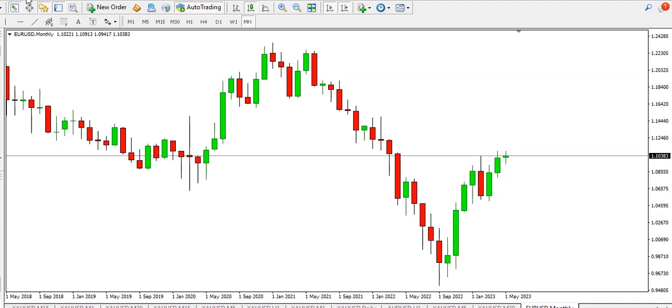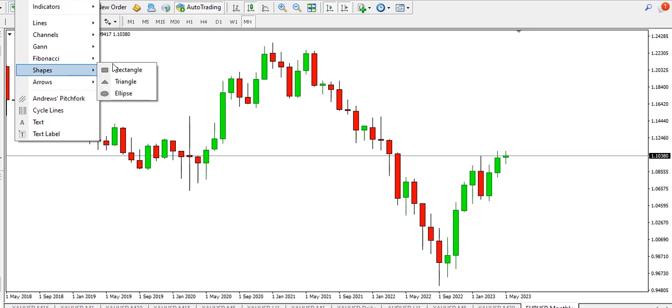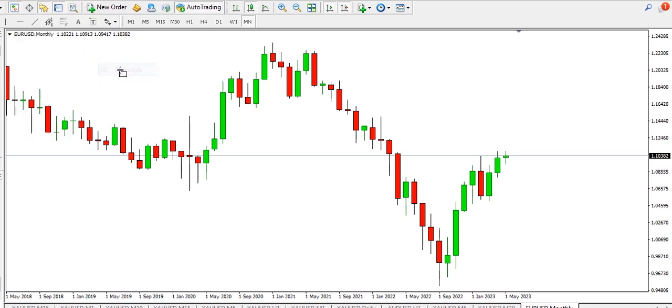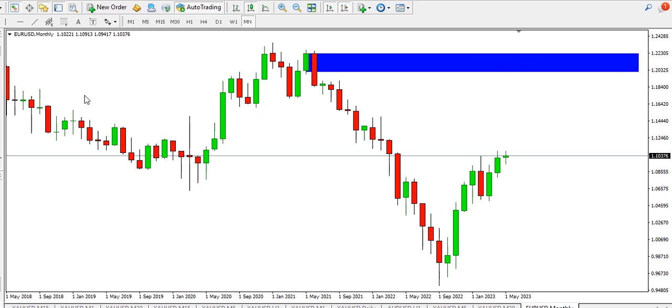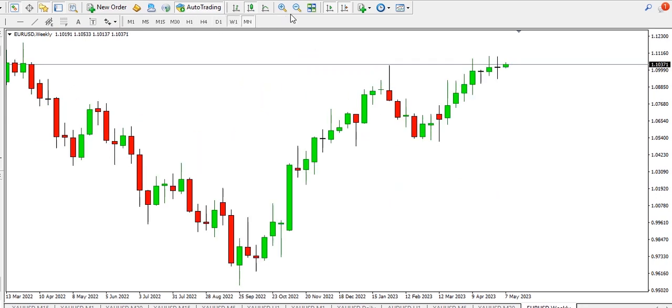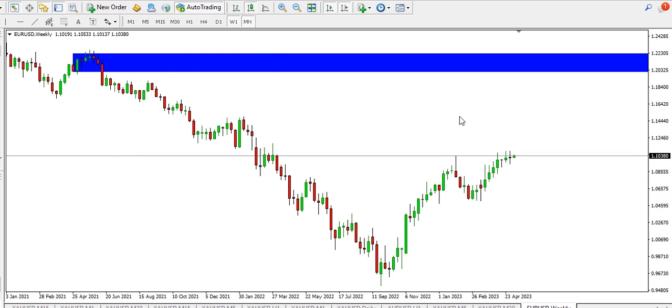So you can easily highlight your order blocks on the higher time frames, and then drill down to the lower time frames to work on the same order block. Let's drill down to the weekly time frame. You can work on this order block. Expect price to come to this order block, test it, and then drop.